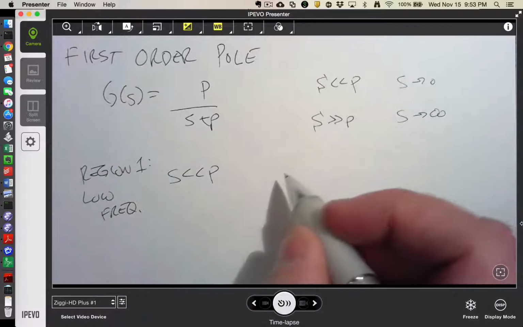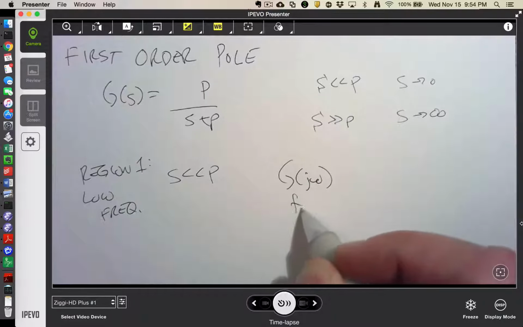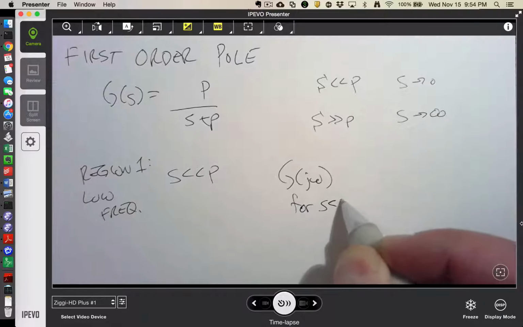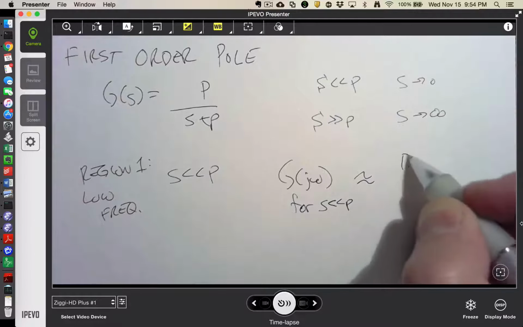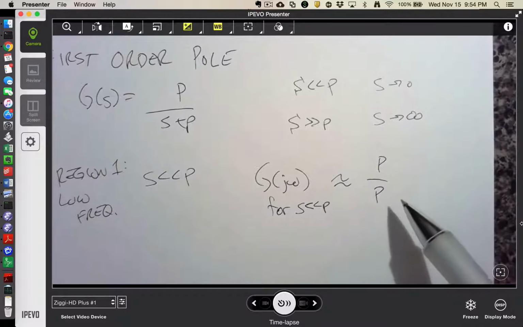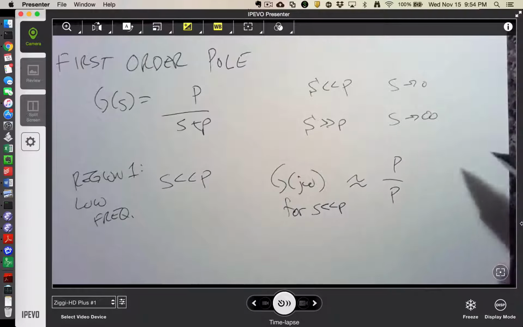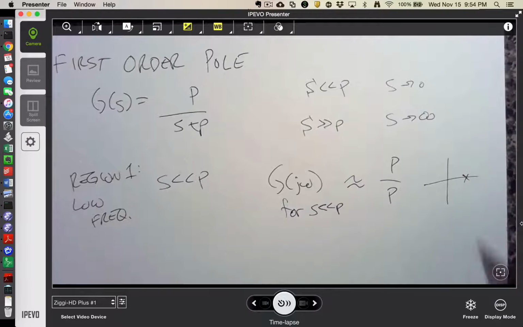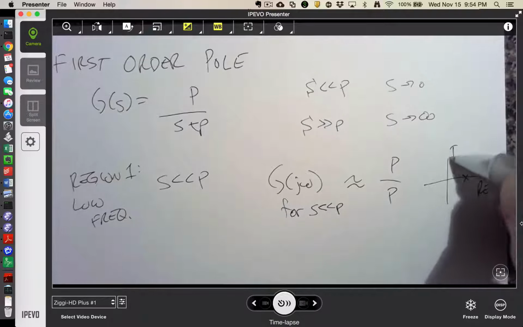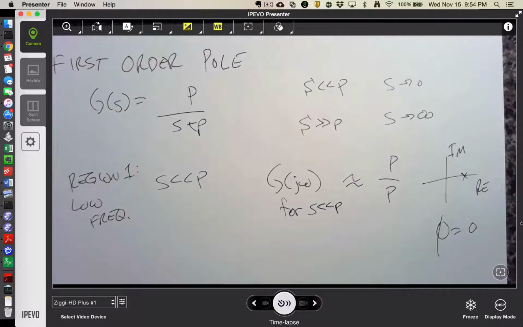If that's true, then G of j omega for S much, much less than P would approximately become just P over P. Well, that's exactly 1, but more generally, it's a completely real constant, and in our case, a positive real constant. So that would put it over here on our real versus imaginary axis. And so phi is initially equal to 0 for these low frequencies.